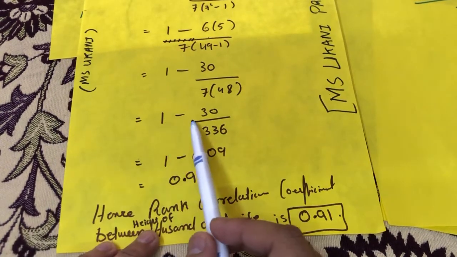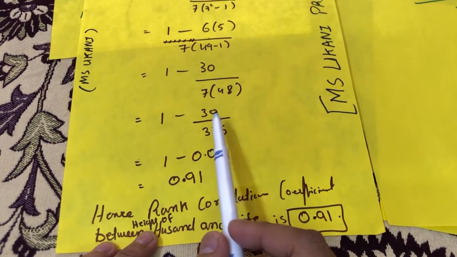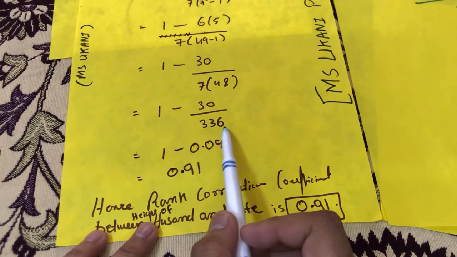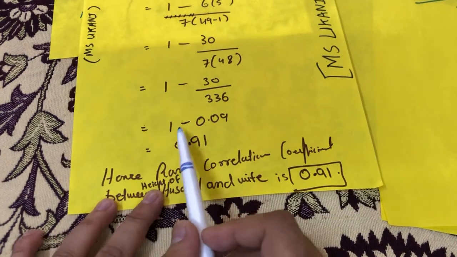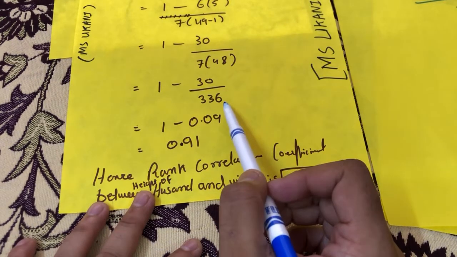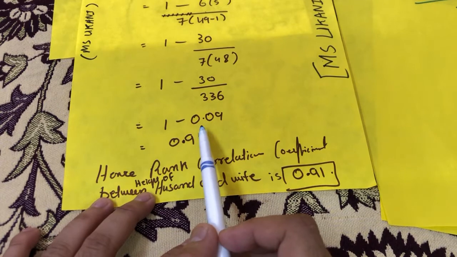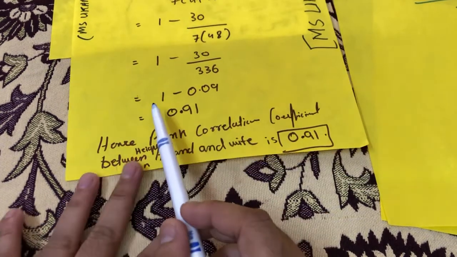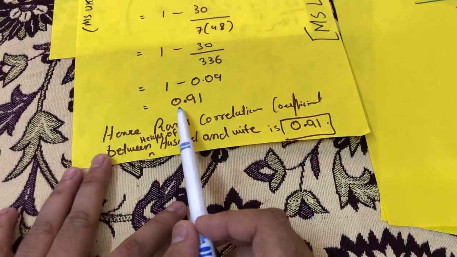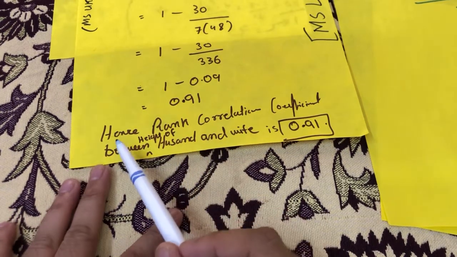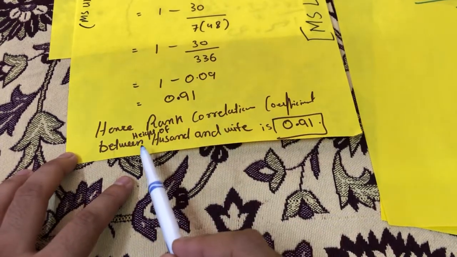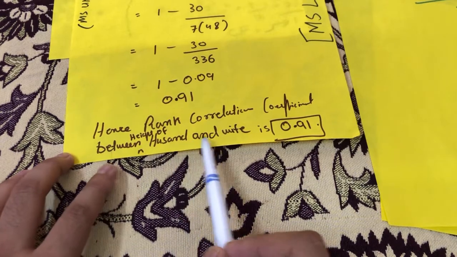Next step, 1 minus 30 remains as it is, 7 multiplied by 48 means 336. Next step, 1 minus, if we divide 30 upon 336 on the calculator, our answer will be 0.09. Now the last step, 1 minus 0.09, our answer will be 0.91. So here we write: hence the rank correlation coefficient between the heights of husband and wife is 0.91.